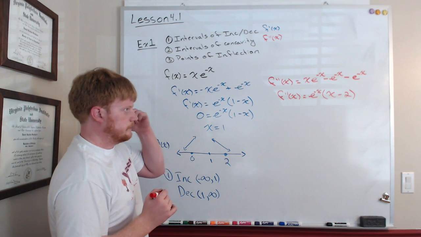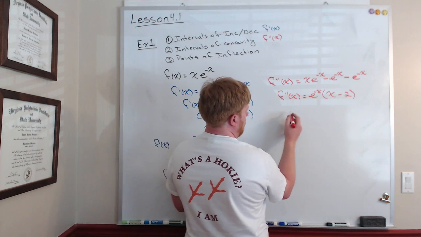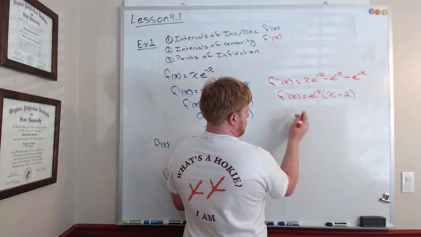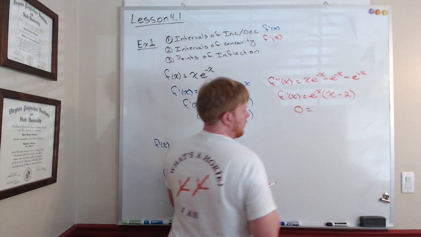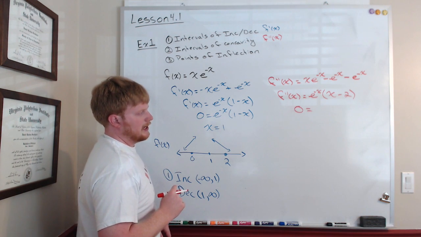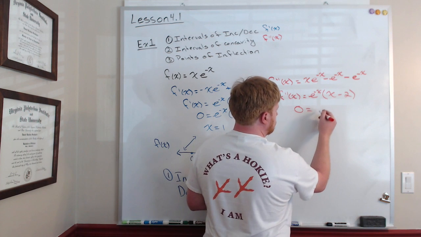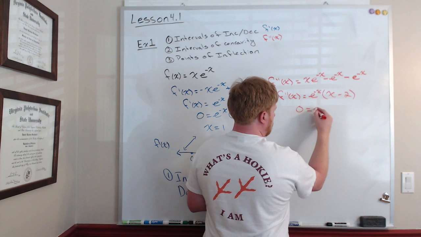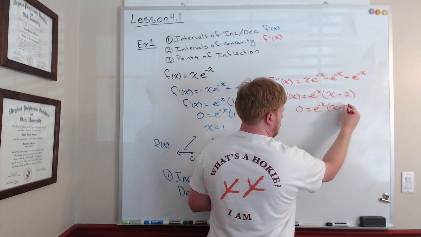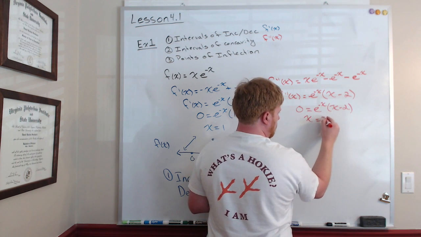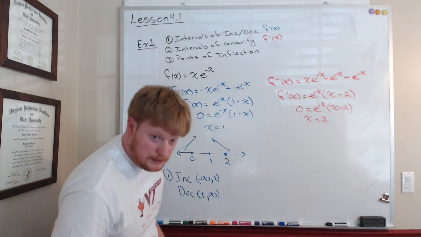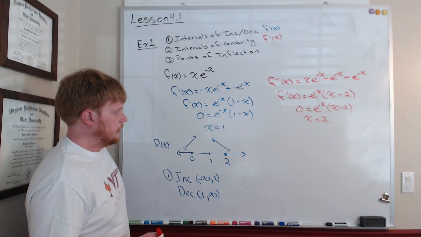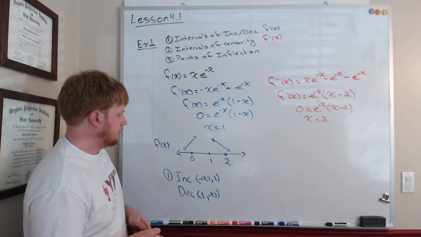All right. So, when is this equal to 0? Well, this is going to be equal to 0 only when x is 2. Right, because again, e to the negative x is never 0, but x minus 2 is 0 when x equals 2.